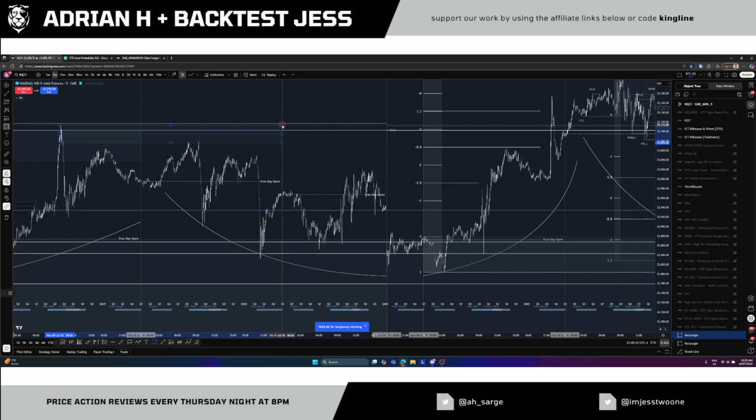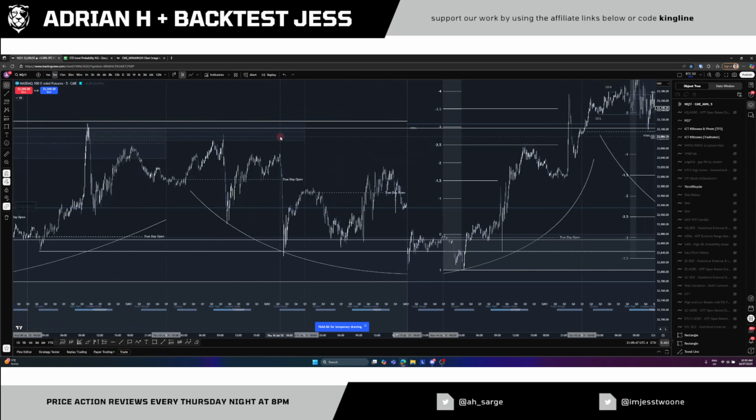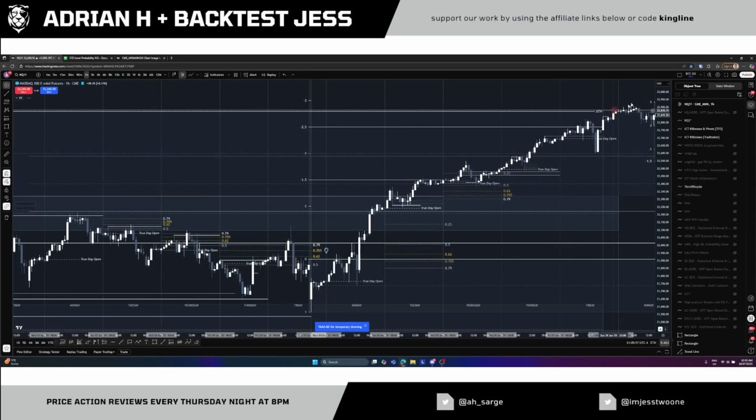So that becomes our high now for the next one. You see price comes back up, mitigates the orders here, and then continues down. This entry, to ICT students, guys, is known as the low risk sell or low risk entry for both sides. That retest of that initial zone there, that's the low risk sell.